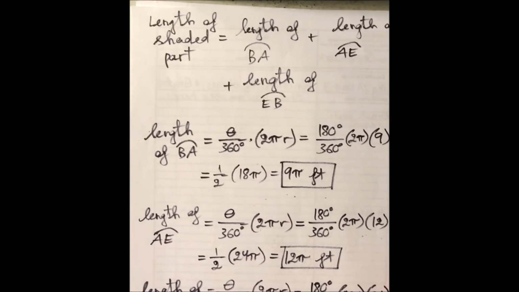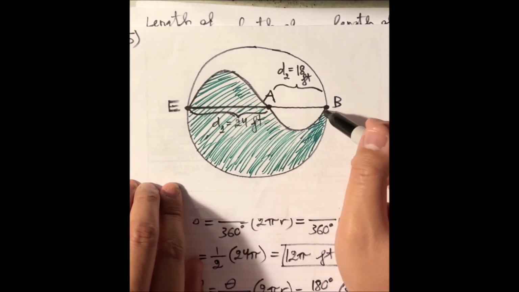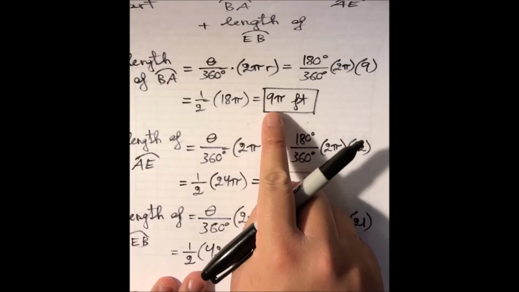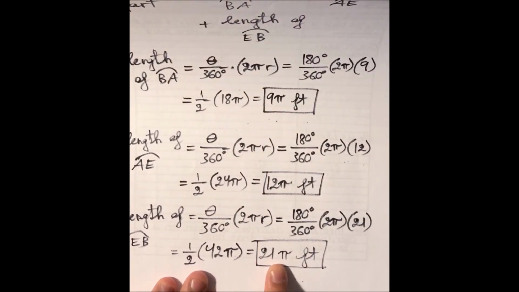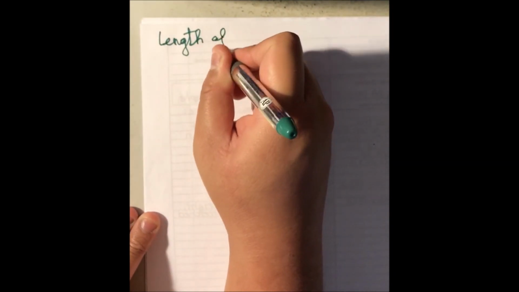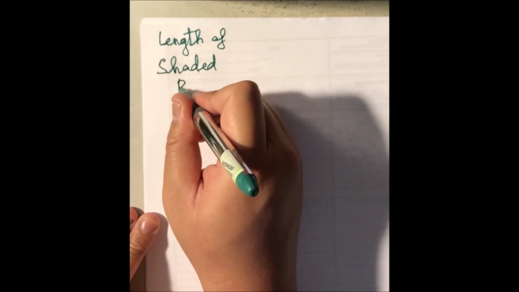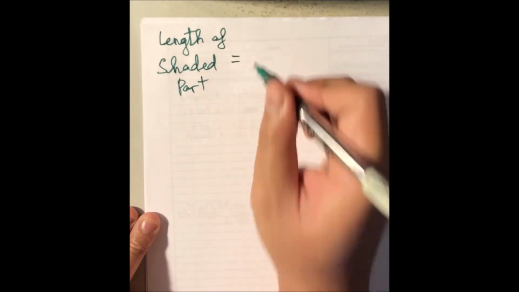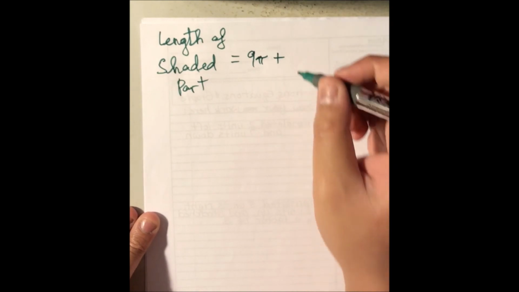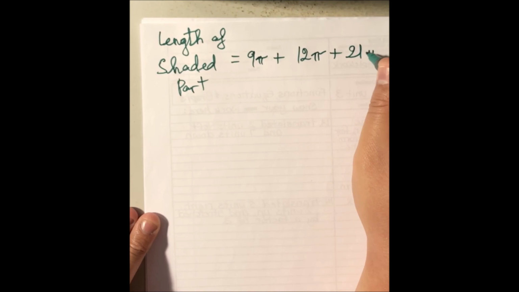So to find the length of the entire shaded region in the green, just add the lengths of all three arcs together, which is adding 9 pi with 12 pi and then with 21 pi. The length of the shaded part equals 9 pi plus 12 pi plus 21 pi.